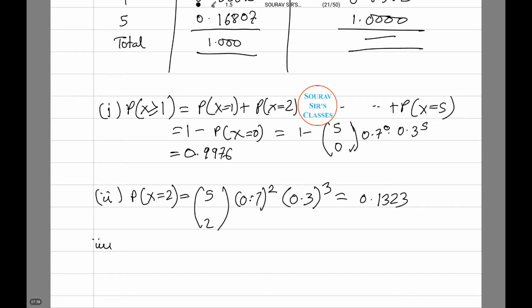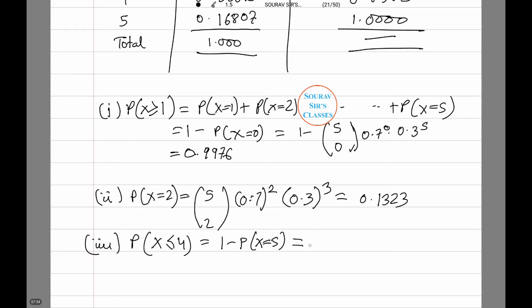And lastly, we see the case that he hits the target at most 4 times, that is probability X less than or equal to 4 equals 1 minus probability X equals 5.